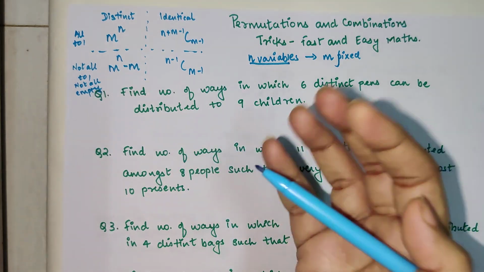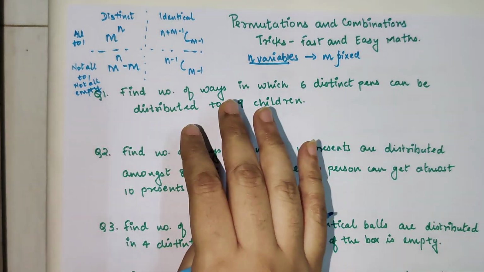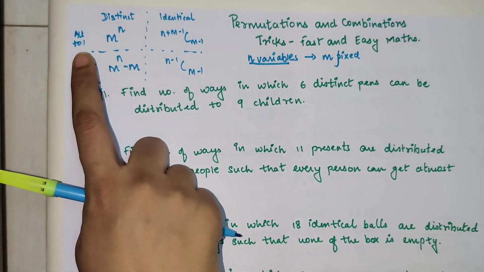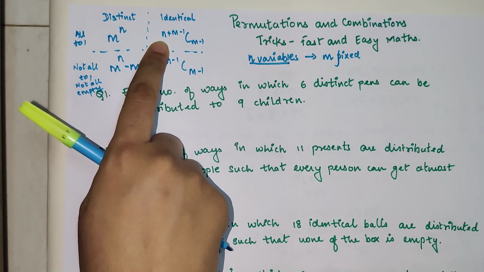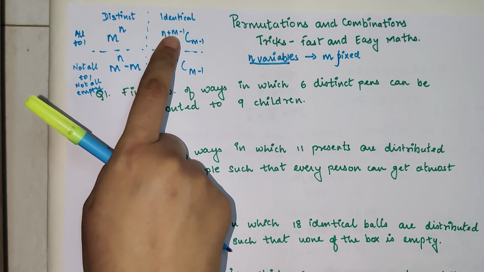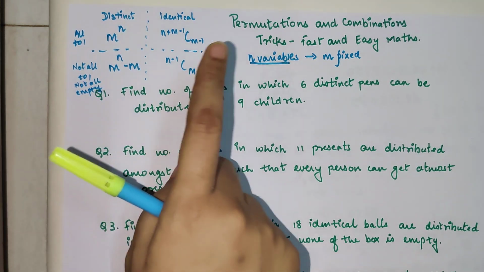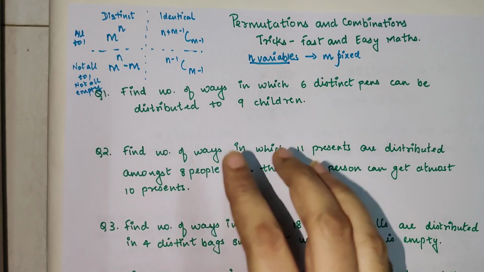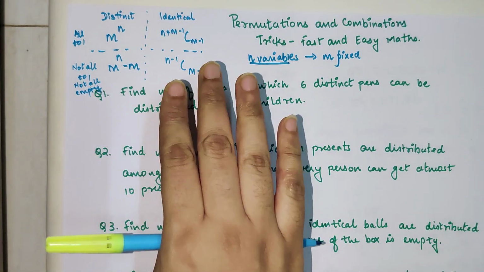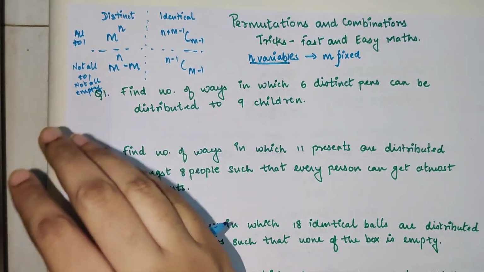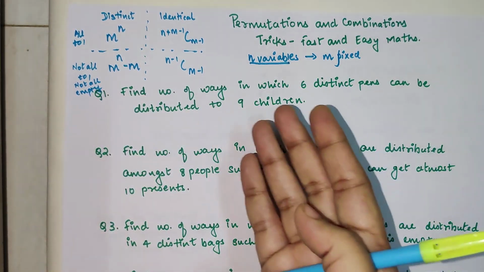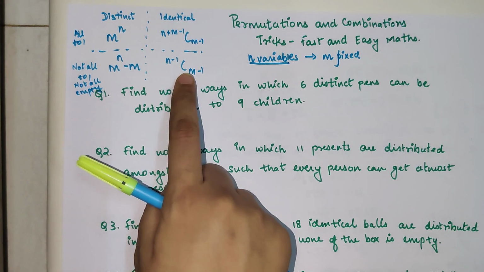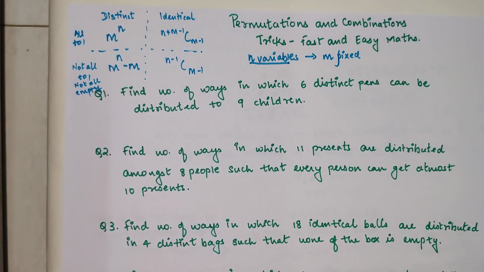Now if the variables given are identical and you have the possibility of giving all of them to one, all you have to use is this combination formula, that is n plus m minus 1 C m minus 1. And in case of identical variables, if they are saying that not all of them can be given to 1, or not all of them can be empty, then what you do is n minus 1 C m minus 1.